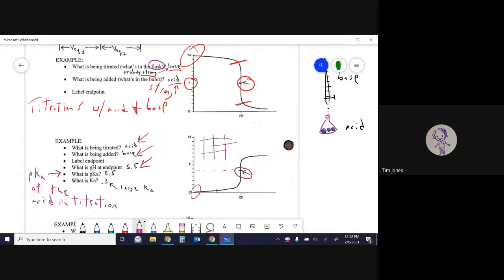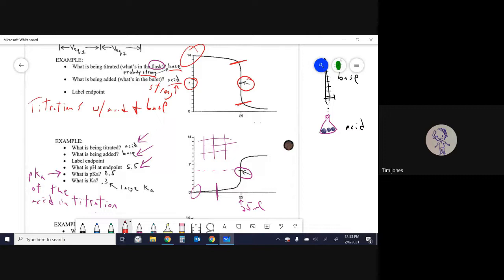What you do is you see what your volume is at the endpoint, which is 25 milliliters. You then go to half of that. This graph doesn't have everything labeled; if it was labeled, we would go to 12.5, but since it's not, I just estimated that it's right about there. And then you just read the pH.